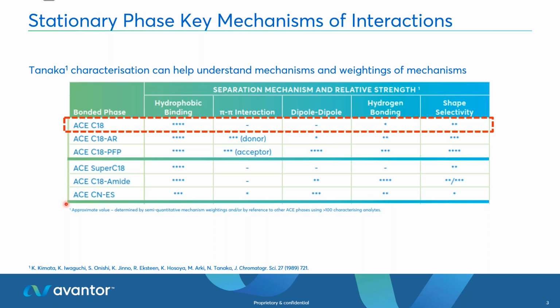If everything is on a line, if it's a good match, then your columns have the same selectivity. If you have a really wide scatter plot, then your columns are very different because they're giving you different retention of your compounds. And those are the columns you want to choose for method development.